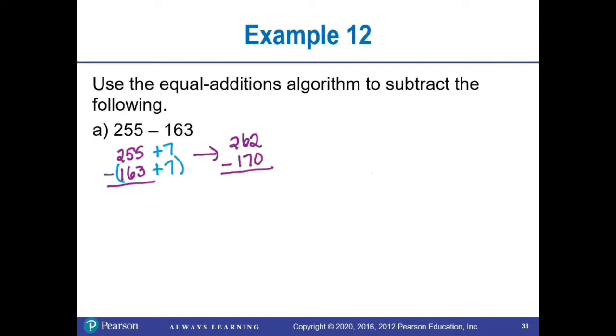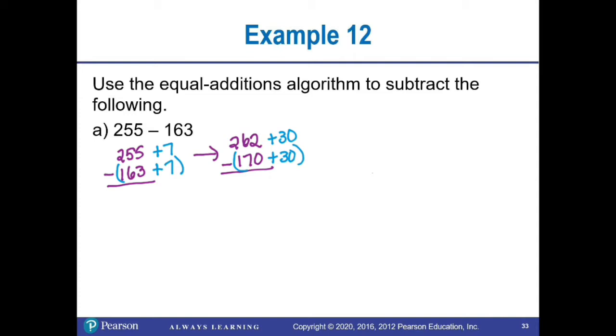Well, for some children, this still may be difficult to subtract. So can I get 170 to maybe a multiple of 100? Sure. If I add 30 to 170, I get a multiple of 100. I actually will get 200. If I add 30 to the second number, I need to add 30 to the first number.